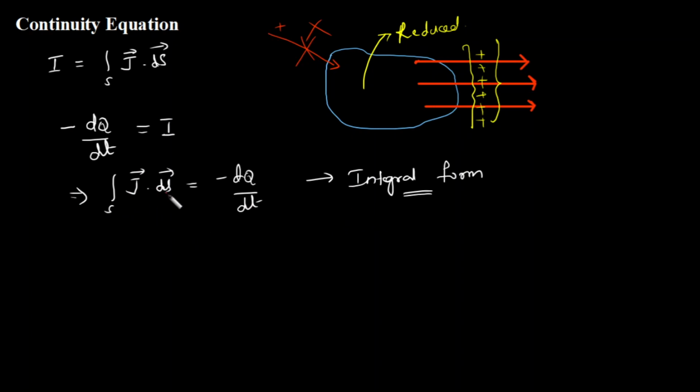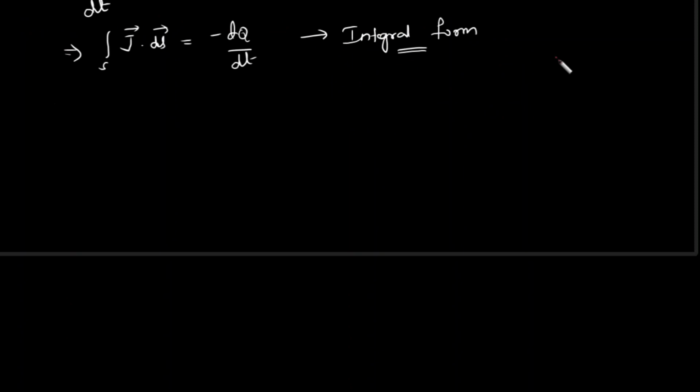It is better to know the differential or point form of the continuity equation also. So let us see how to obtain the point form. In the course of finding the point form, I will be considering the divergence theorem. We have already visited what the divergence theorem is.